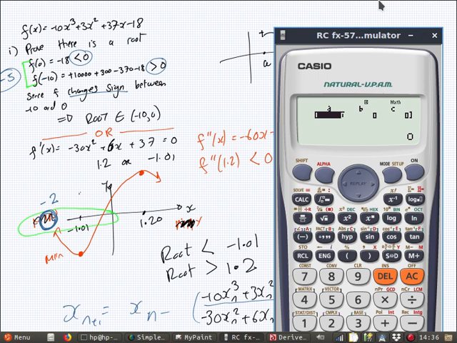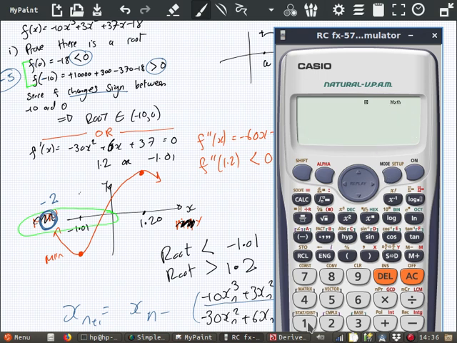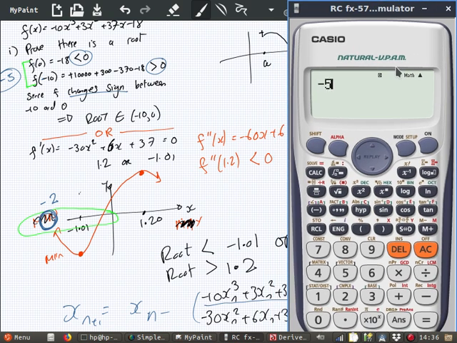Right, so shall we try and see where we get with this one? Where did we say we start? We start at minus 5. So we have the answer minus the fraction: minus 10 x cubed plus 3 x squared plus 37 x minus 18, over minus 30 x squared plus 6 x plus 37.